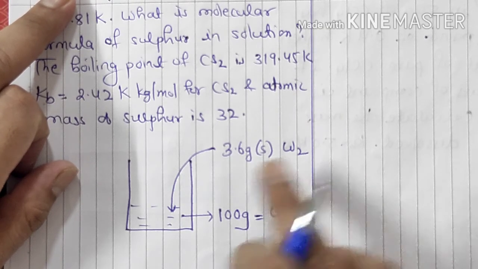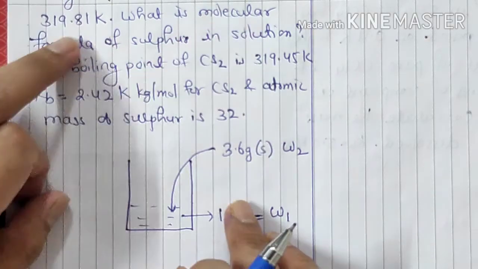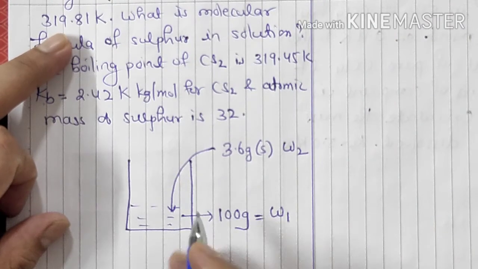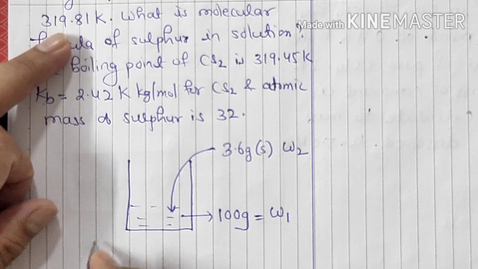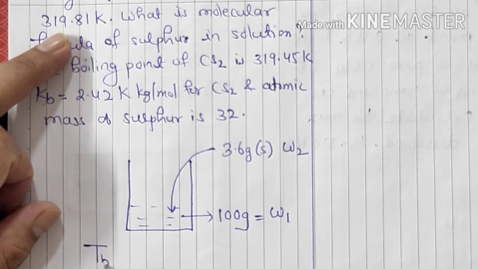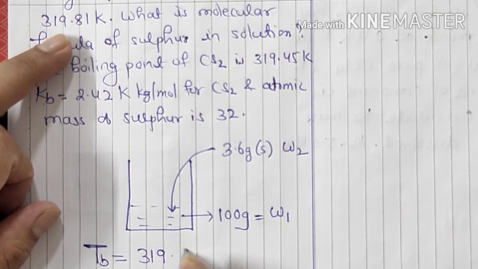Okay, now this solution boils at 319.81 Kelvin. So the boiling point of solution, that is TB. What is that? TB is 319.81 Kelvin. This is the boiling point of solution, right?